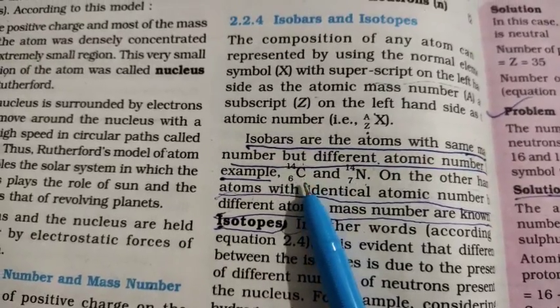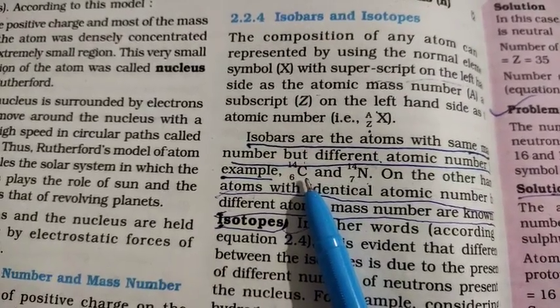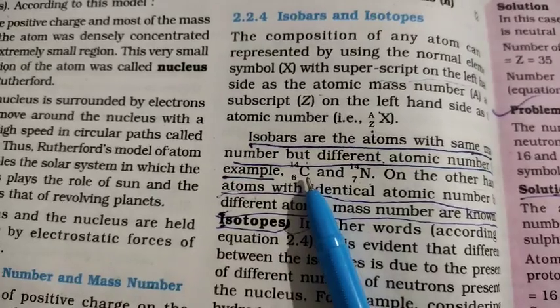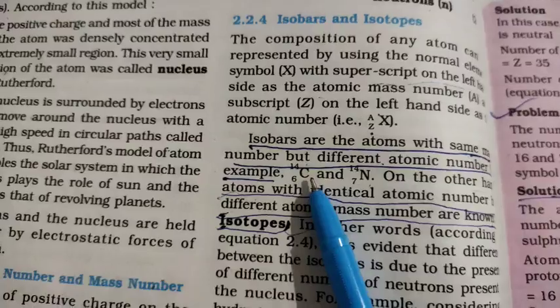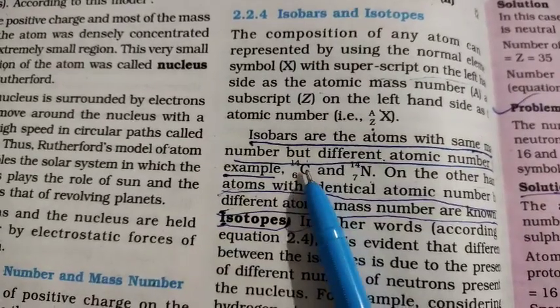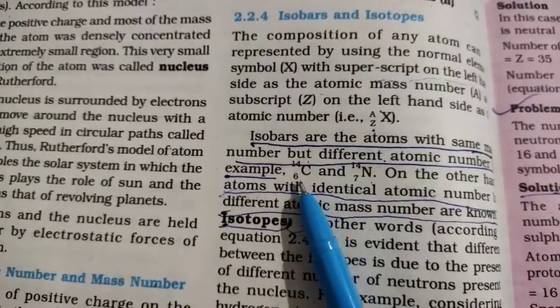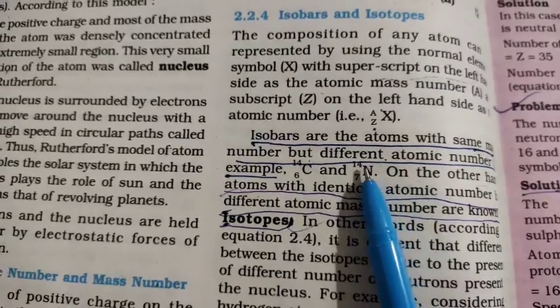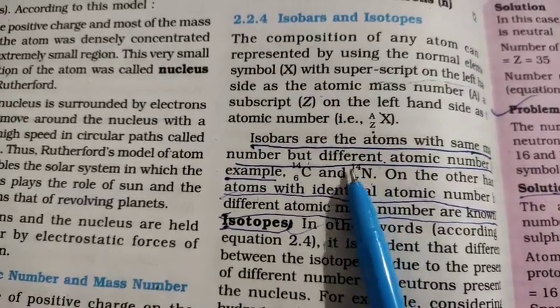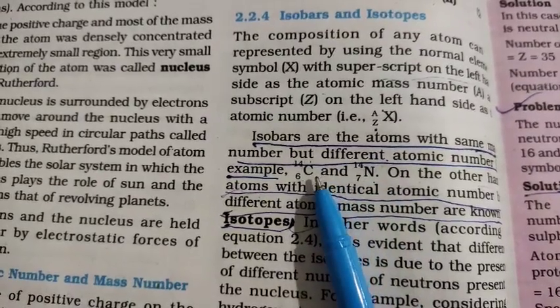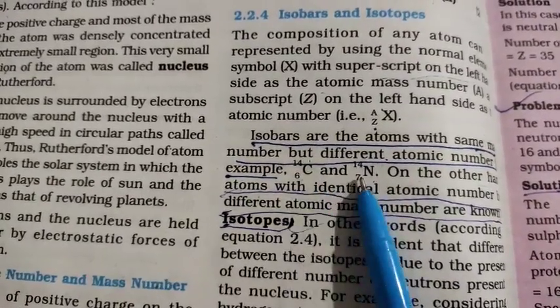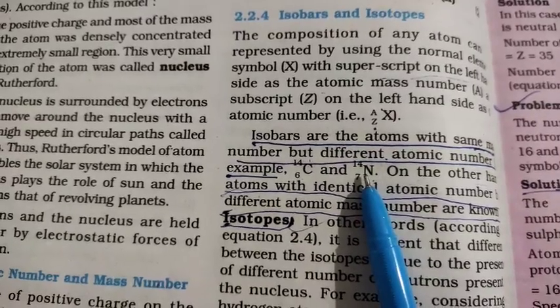Usually the mass number of carbon is taken as 12, but we can also see isotopes of the elements, and now we will study the meaning of isotope. In this case, carbon has mass number 14 and atomic number 6. Nitrogen has mass number 14 and atomic number 7. So these two atoms have the same mass number but different atomic numbers.